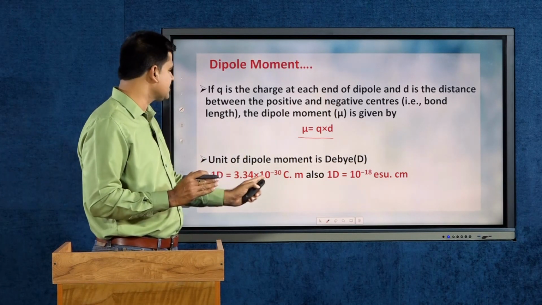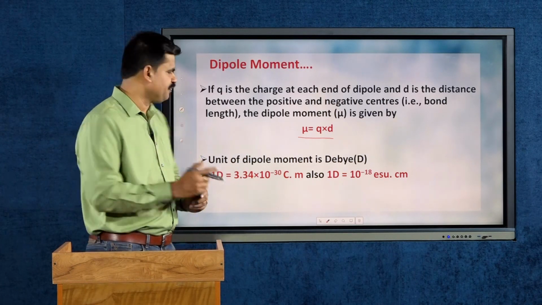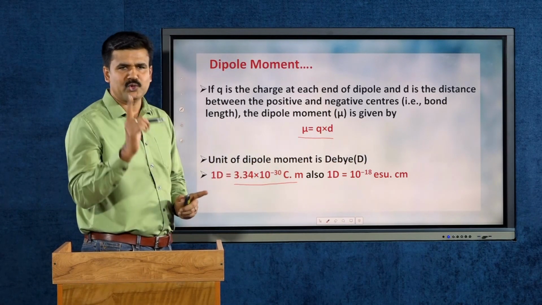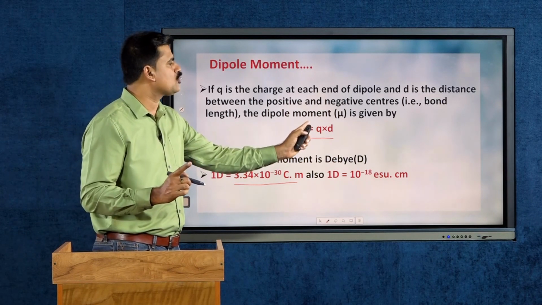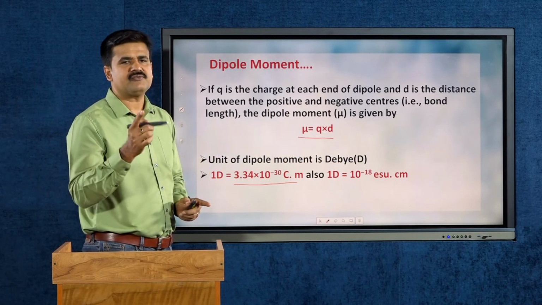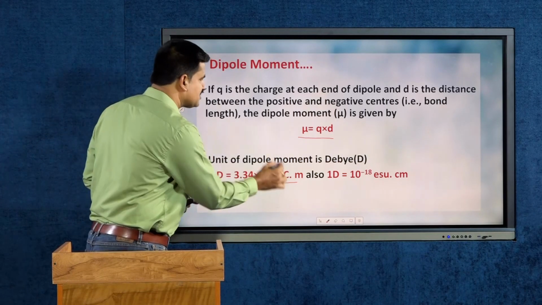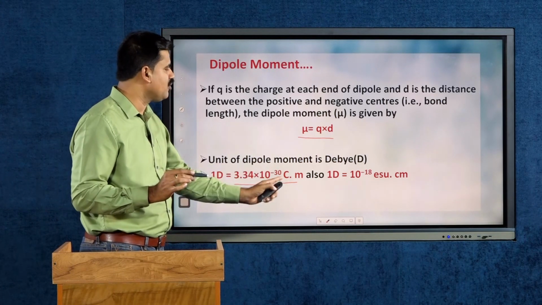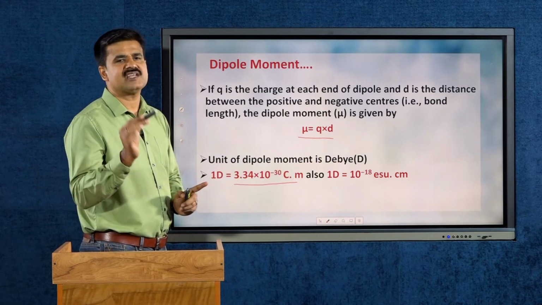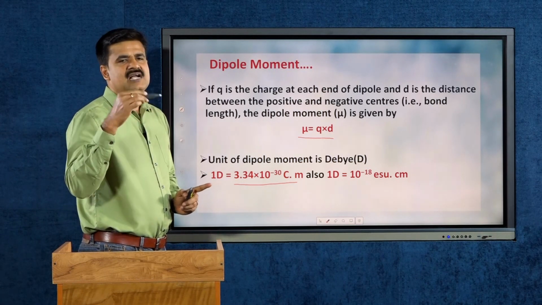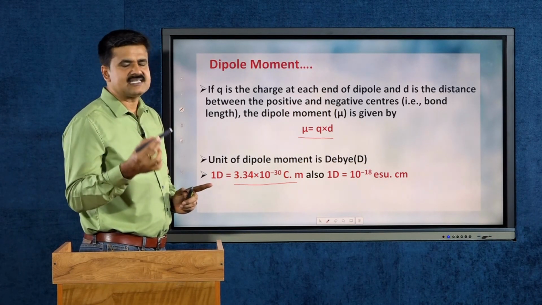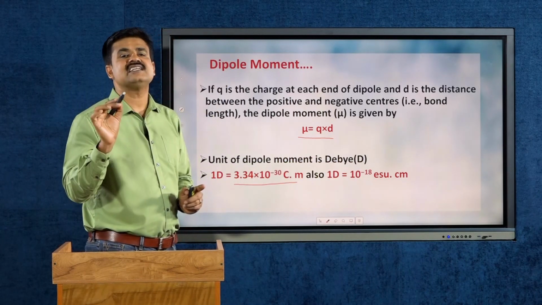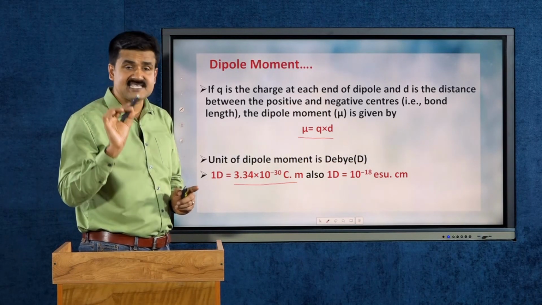In the first case, 1 Debye is equal to 3.34 into 10 raised to minus 30 coulomb meter. You know the dipole moment mu is equal to Q into D. The unit of charge Q is coulombs and the distance is meter. Therefore, the unit of dipole moment here is C into M, that is coulomb meter. In the other system, you can represent charge in electrostatic units and distance in centimeter, that is associated with the CGS system.